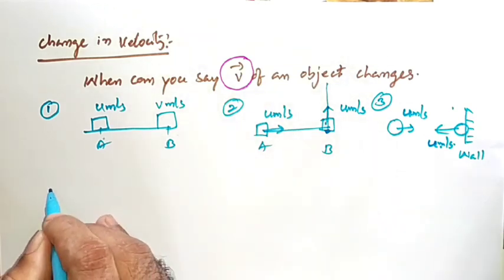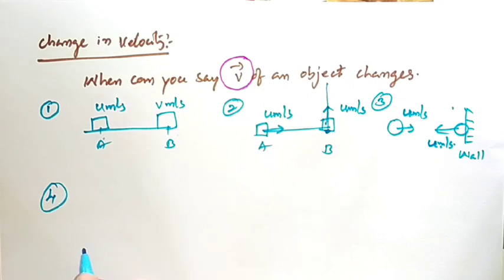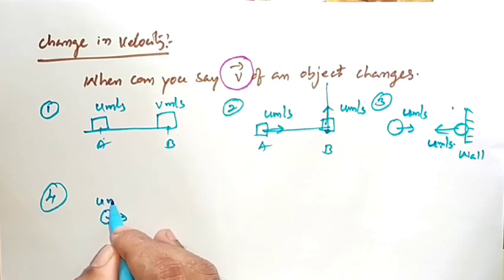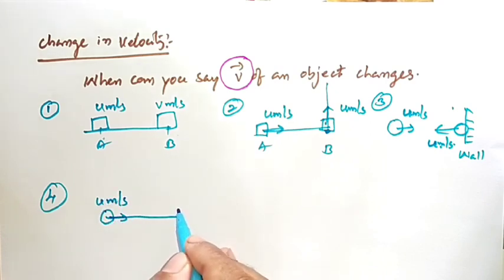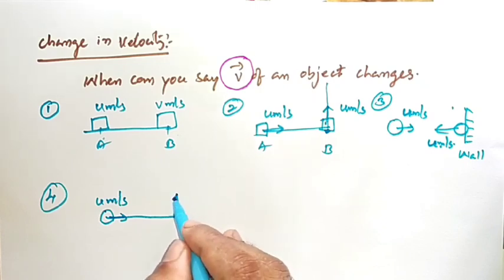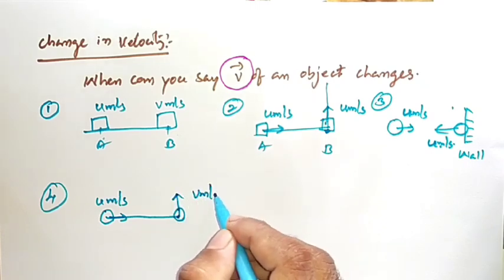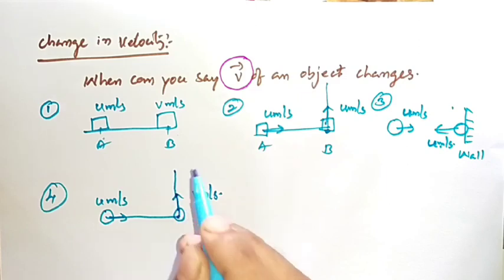Next, let us see the fourth case. Here the body is moving like a ball. It is moving with a speed of u meters per second east. After traveling some distance, it turns and moves with a speed of v meter per second for some time.